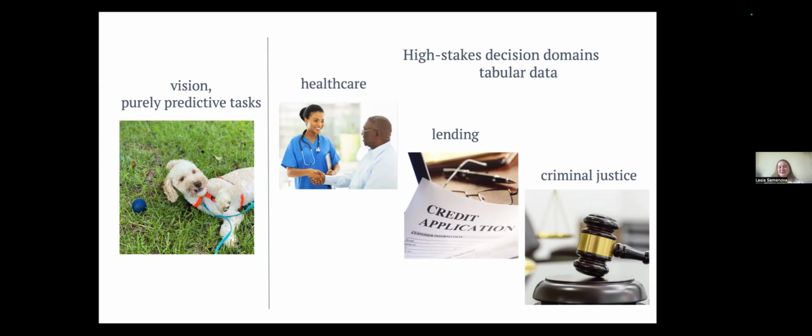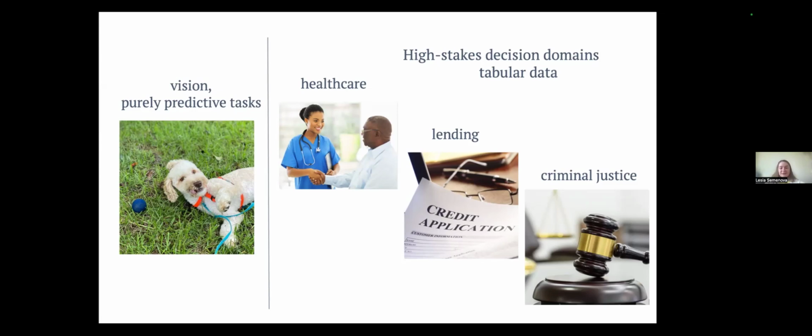I think we could only dream about this 10 years ago; it would have been unimaginable back then. However, deep learning was not able to achieve such a breakthrough in high-stakes decision domains and tabular data sets. And I believe we know the reason why.